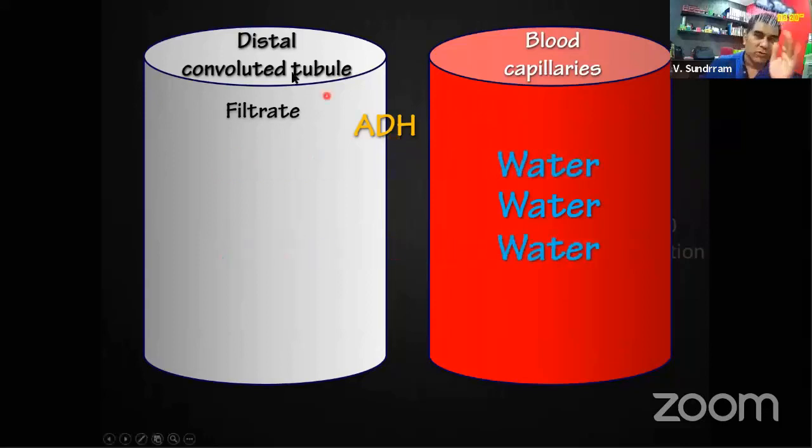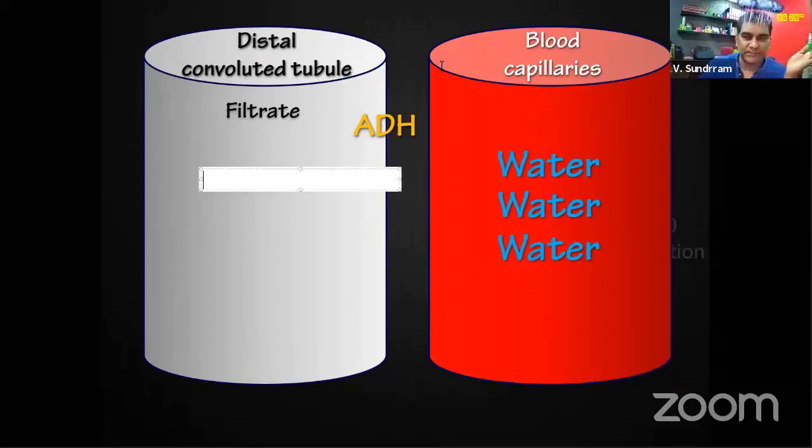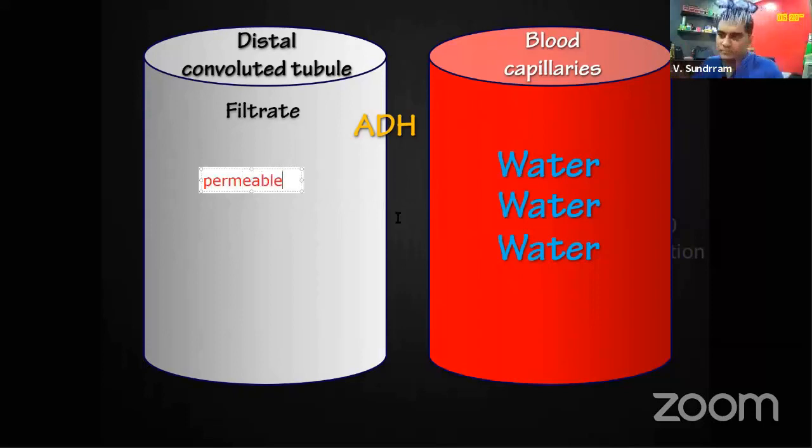So that means this tubule is becoming more permeable or less permeable to water? You need to give me the answer: more or less. In Bahasa Malaysia, telap: more permeable or less permeable to water.